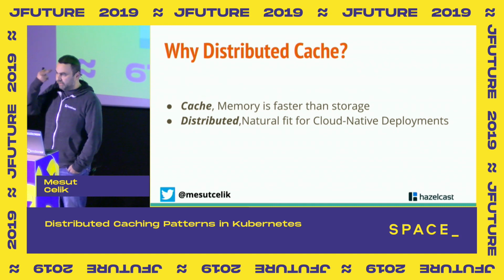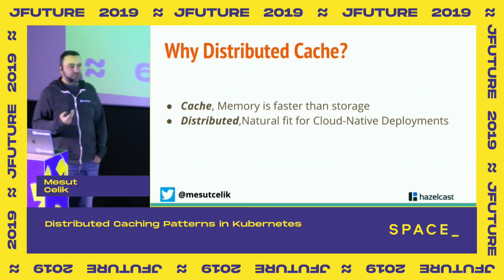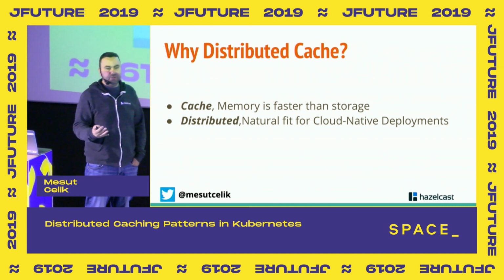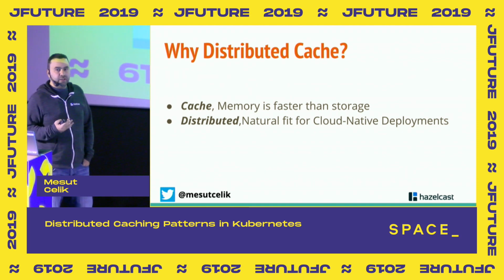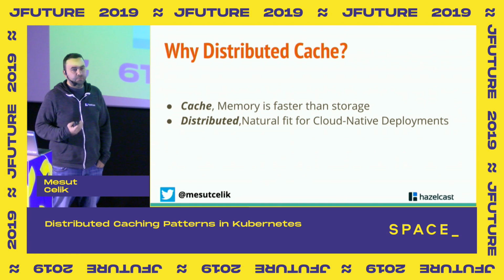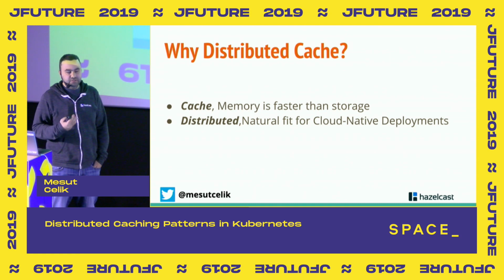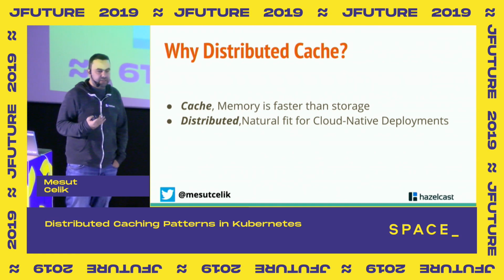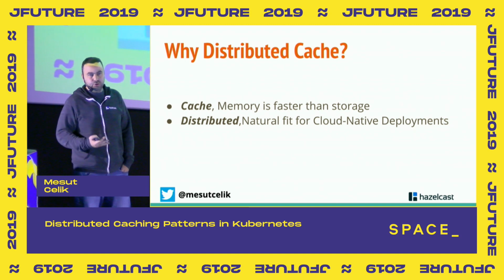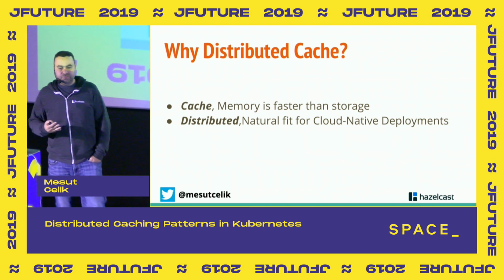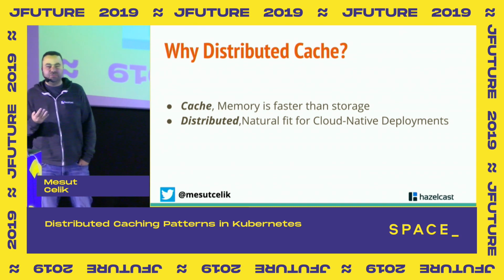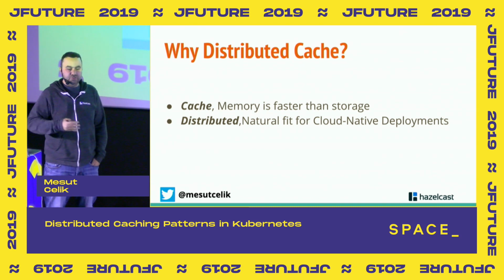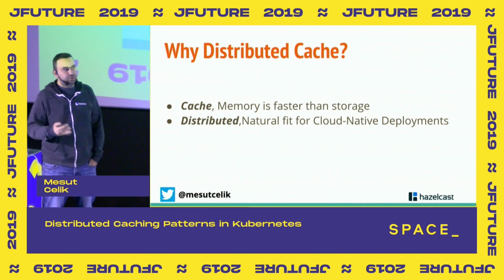Why distributed cache? So there are 2 keywords here. One is cache and the other one is distributed. People are mostly talking about data-intensive applications nowadays. And in data-intensive applications, you have data which you store in some backing store, data store. You use some query language just to make queries on top of the data.